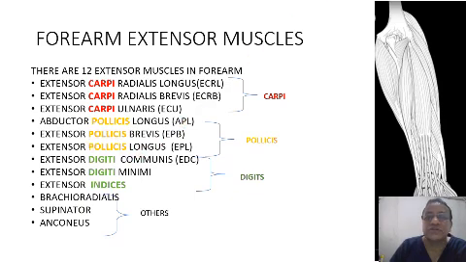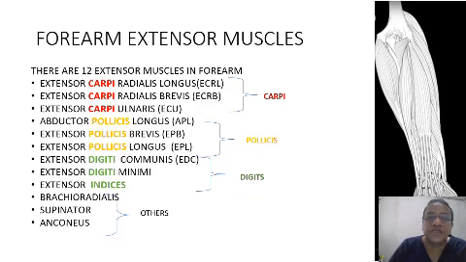With this mnemonic you can remember the pollicis muscles. There are three: abductor pollicis longus, extensor pollicis brevis, and extensor pollicis longus.